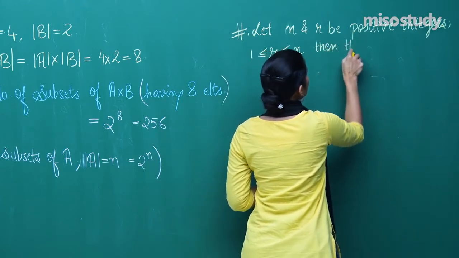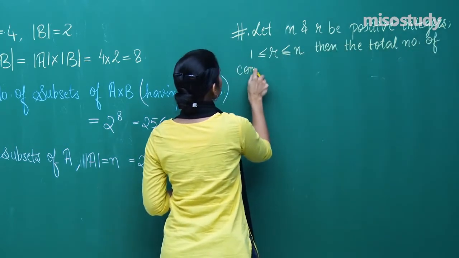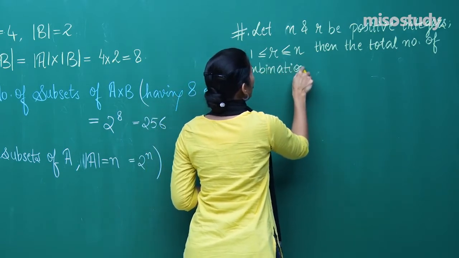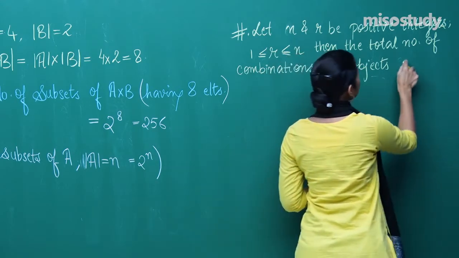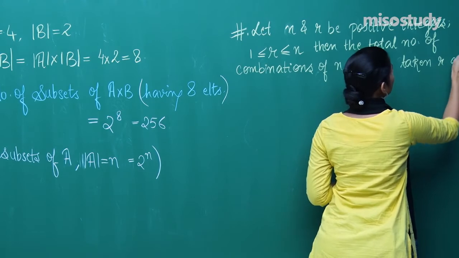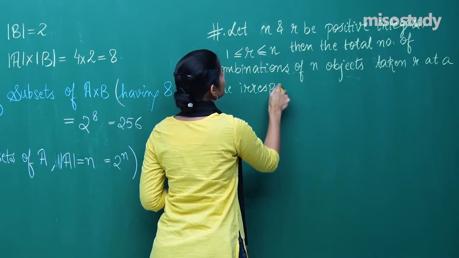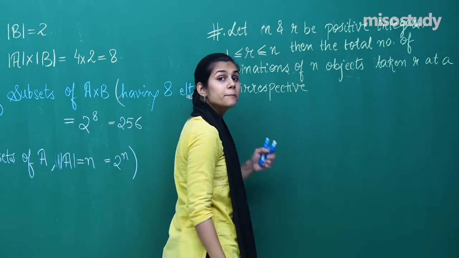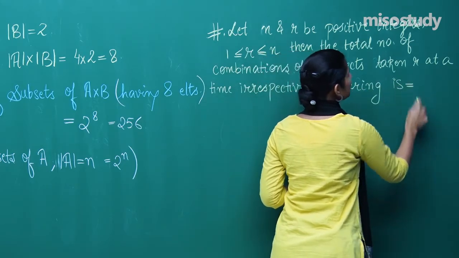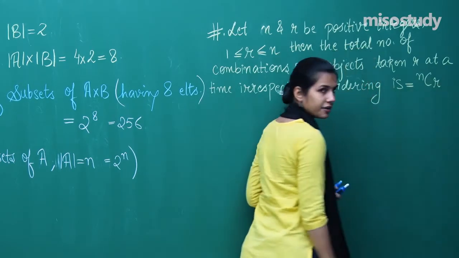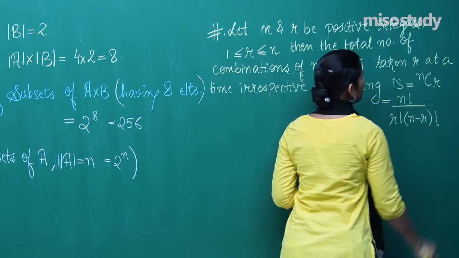Then the total number of combinations of n objects taken r at a time, irrespective of ordering (I am not concerned with ordering of those members like permutation), is equal to nCr, which is nothing but n factorial upon r factorial into n minus r factorial.